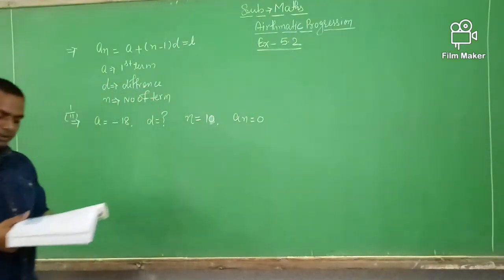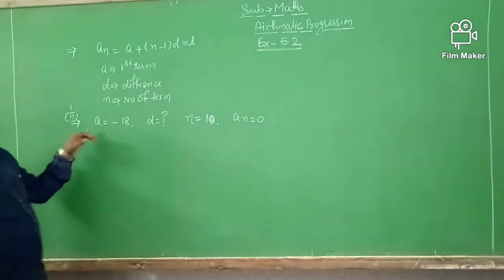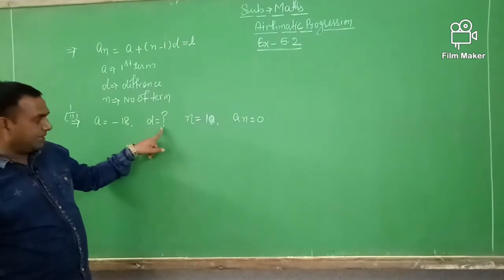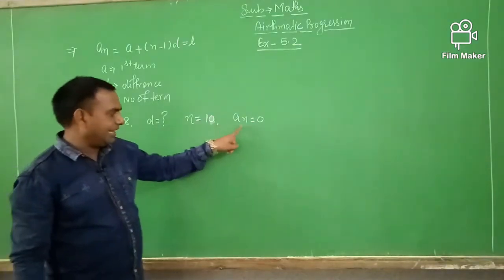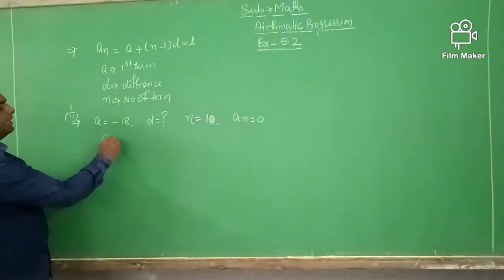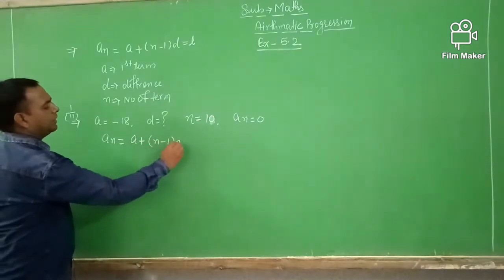Here four quantities are given: a is minus 18, d is not given, n is equal to 10, and an is equal to 0. First you apply the formula an is equal to a plus n minus 1 into d.